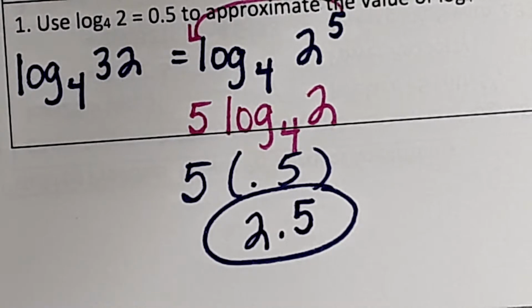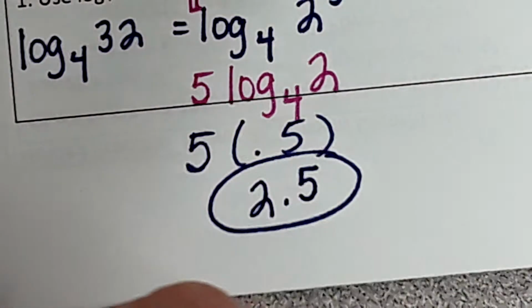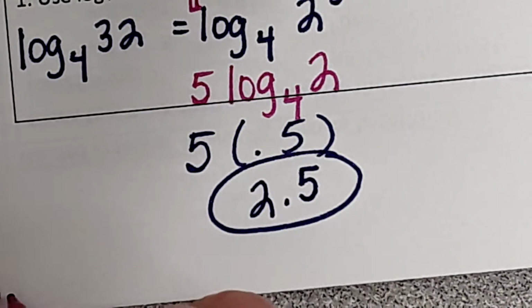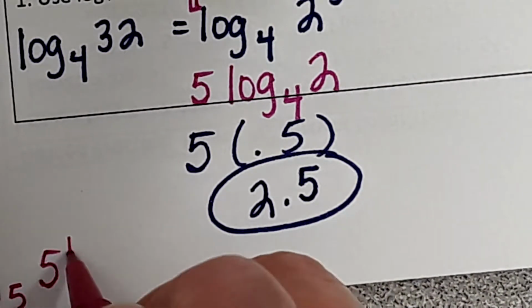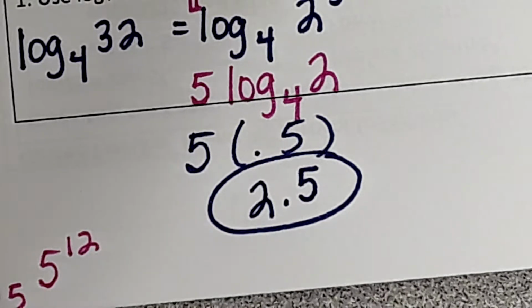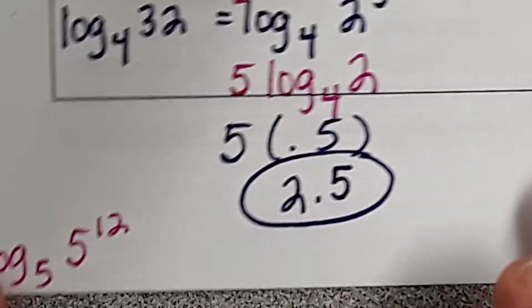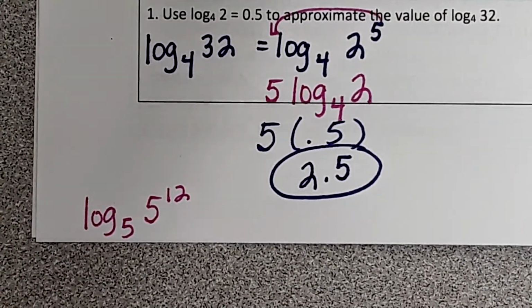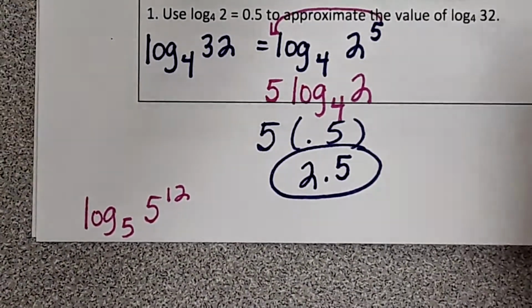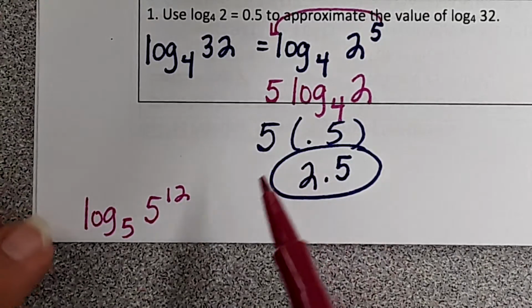Now what I want to do for you guys is a problem that you guys did on the bell work today. Log base 5 of 5 to the 12th. I want to show you the difference between something they gave us and something we know.